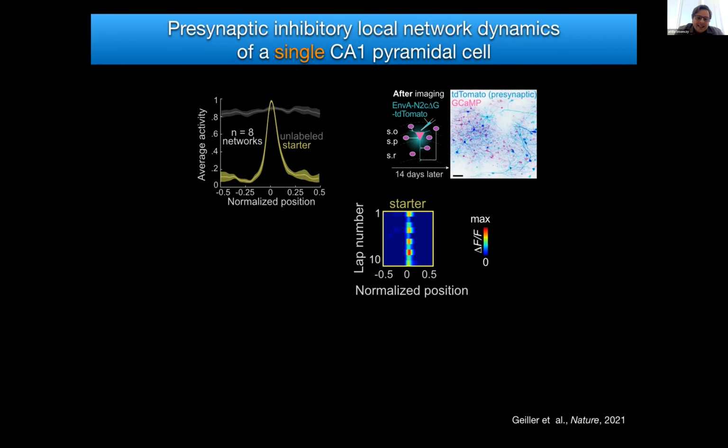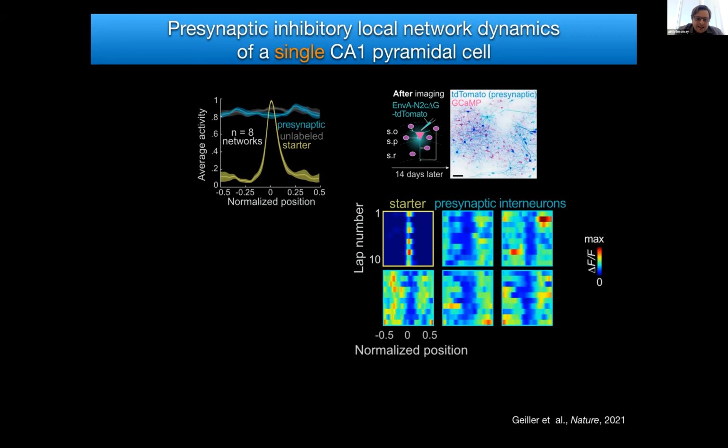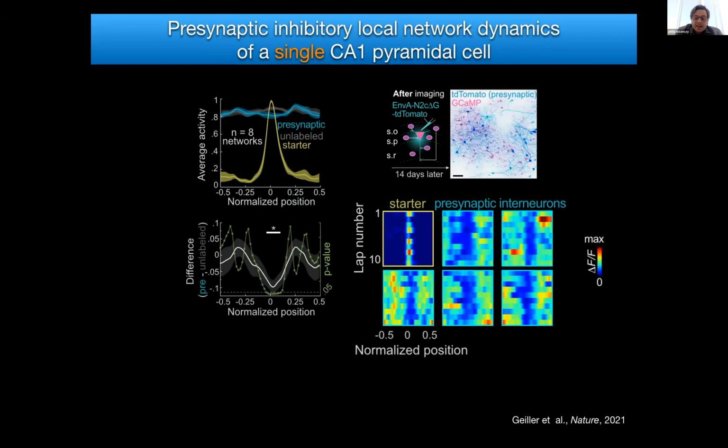But interestingly, in a number of presynaptic cells, their spatial response showed this marked dip during the traversal of the starter pyramidal cell receptive field, as shown here for these few example presynaptic cells. And the level of inhibition between the presynaptic and the unlabeled population was significantly different only in the vicinity of the place field peak.